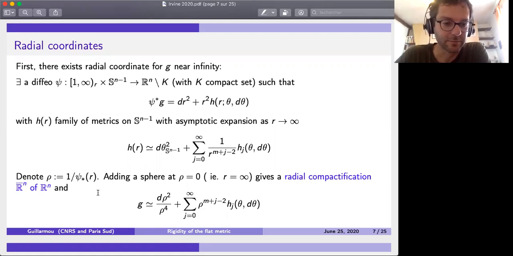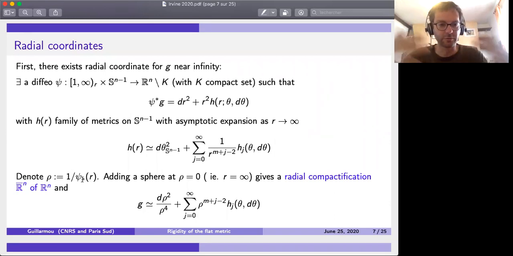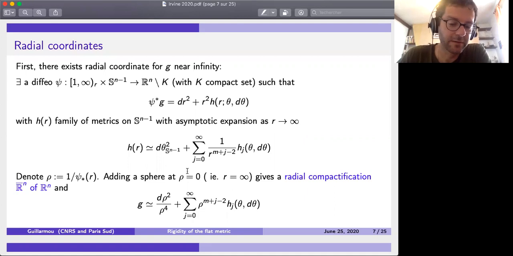It's easy to do analysis on them. So we will denote rho, which will be basically 1 over r. When r goes to infinity, you go to infinity in space, and rho goes to 0. And we compactify Rn by just adding a sphere at infinity. So it's really a radial compactification at rho equals 0, which is equivalent to r equal infinity.